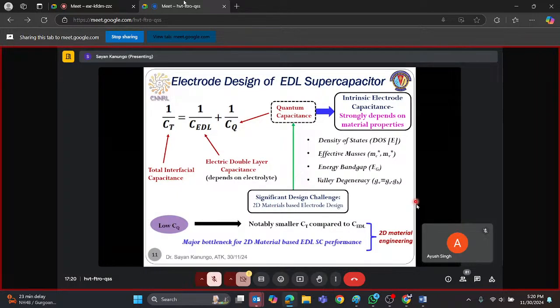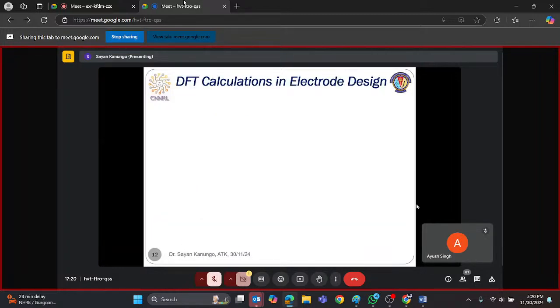Now, this is the precise juncture where the theoretical investigation starts playing a major role. How so? Let us try to explore that. So the theoretical investigation basically acts like an anchor or guide for the experimental exploration of different engineered 2D materials for the ideal supercapacitor electrode design.